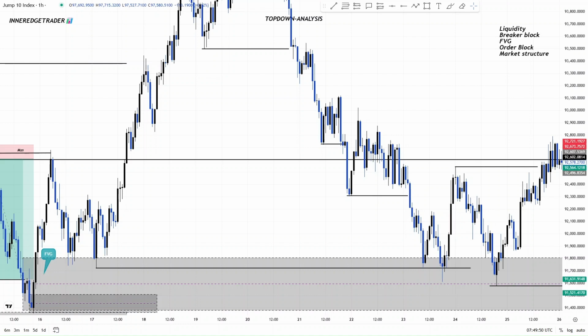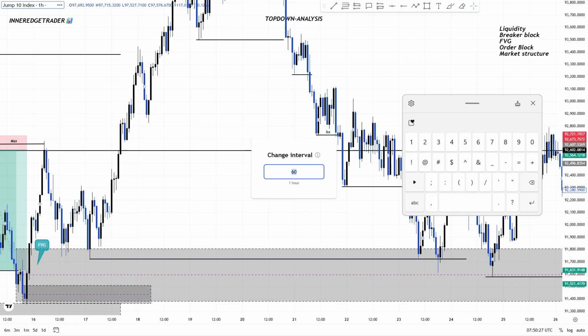Because remember we are working with order block here. You go on the 15-minute time frame and try to see if there's any zone of entry at that point for sales.